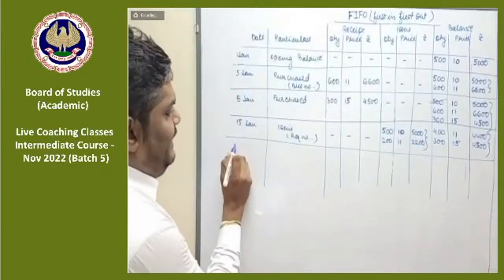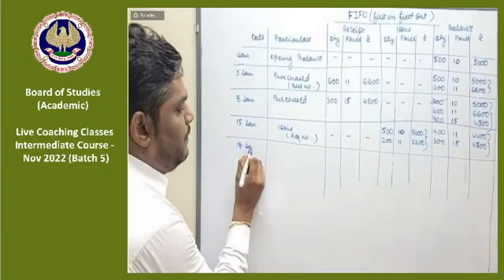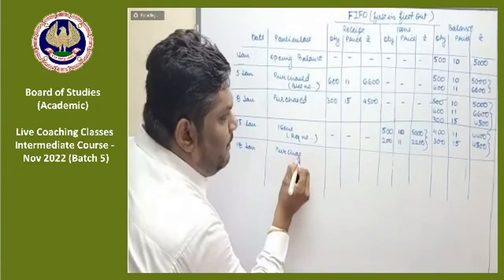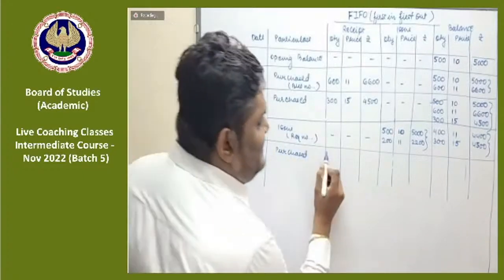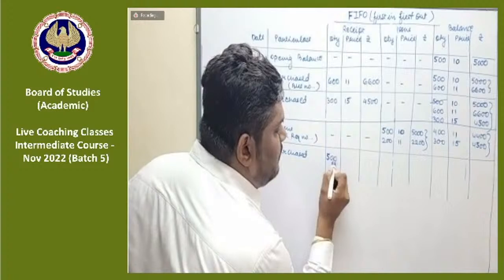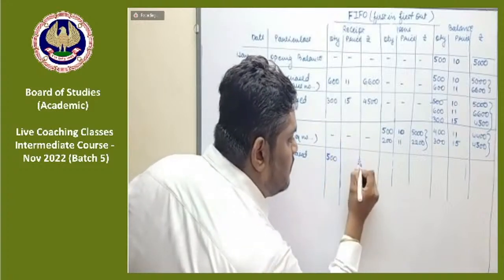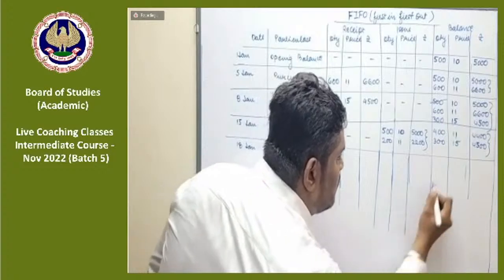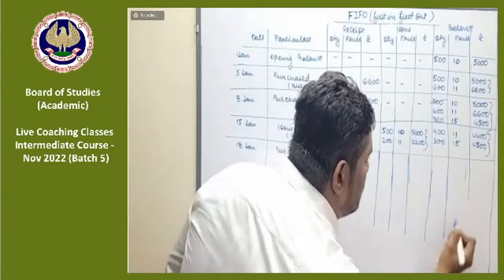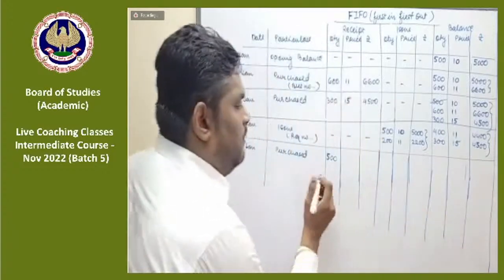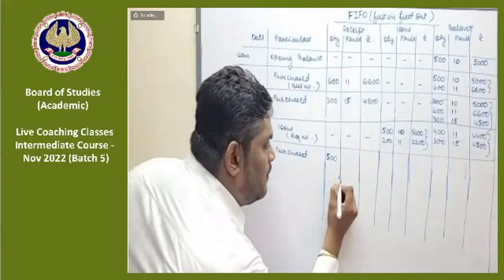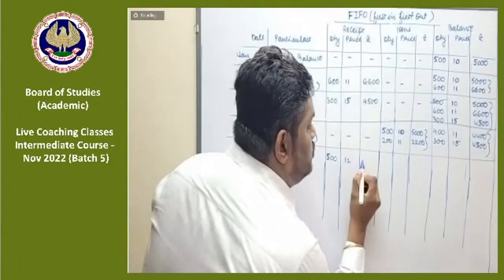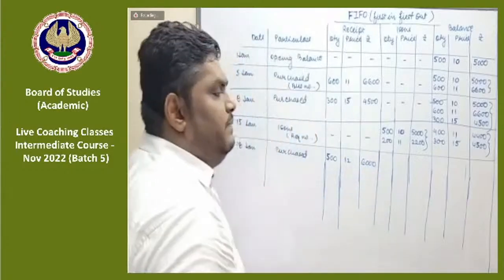Now let's say on 18 January, again the company purchased some raw material, let's say 500 kgs, at the rate 12 rupees. So the total amount will be 6,000.